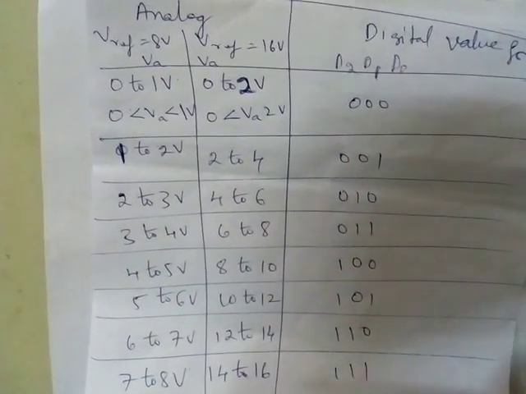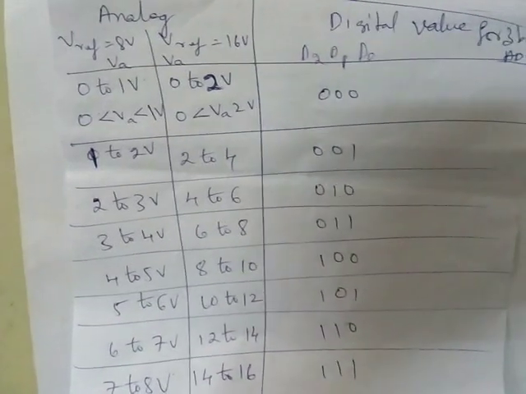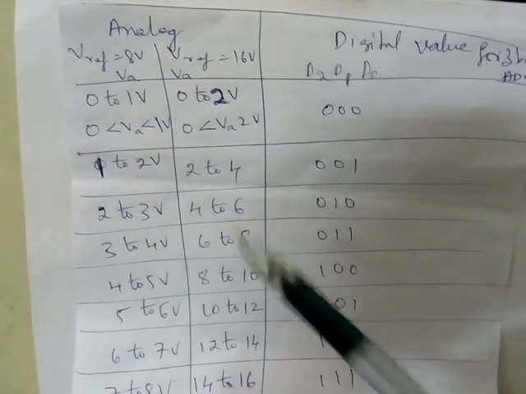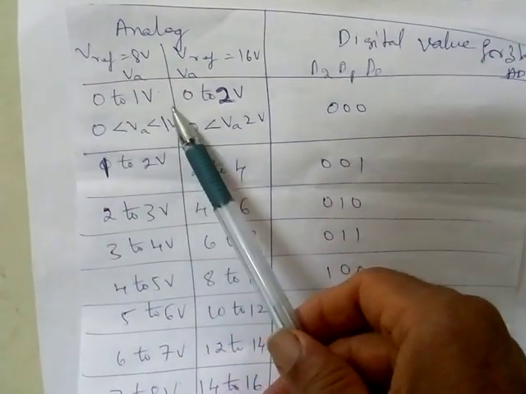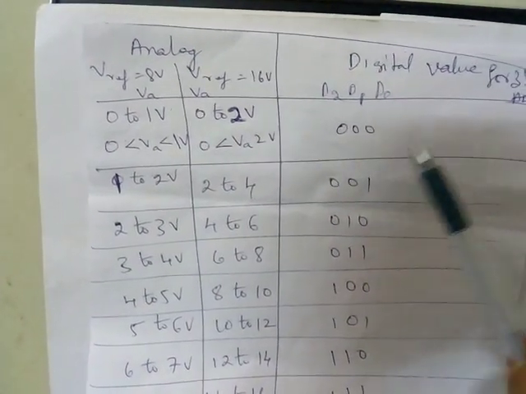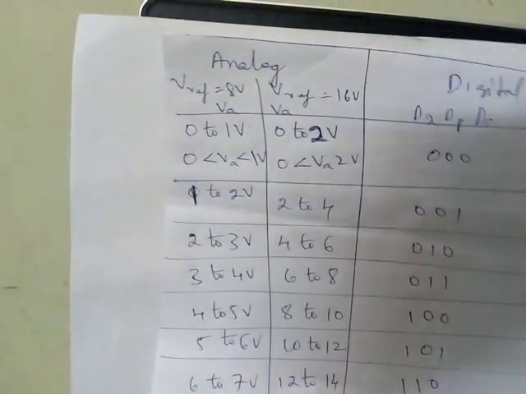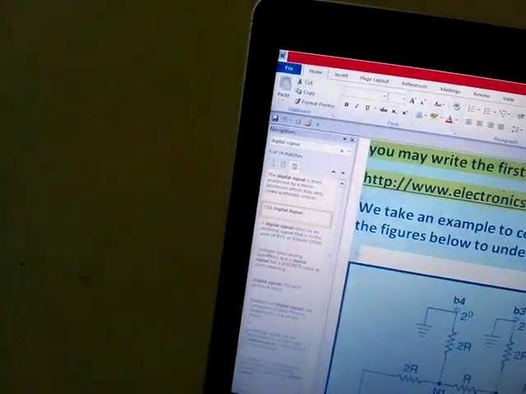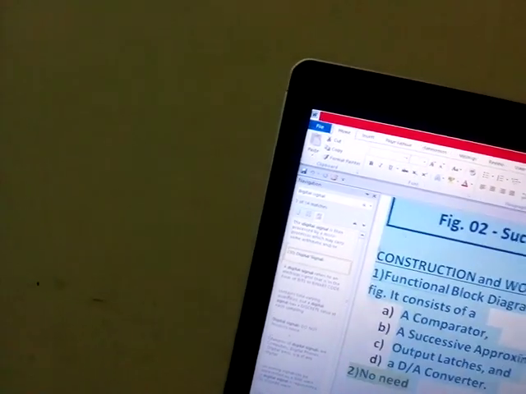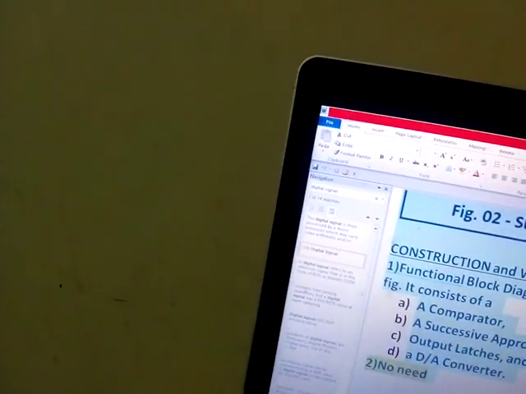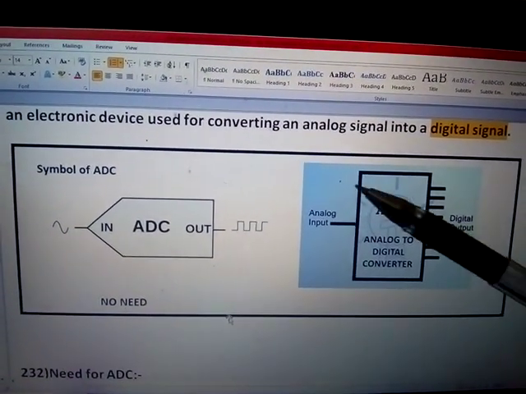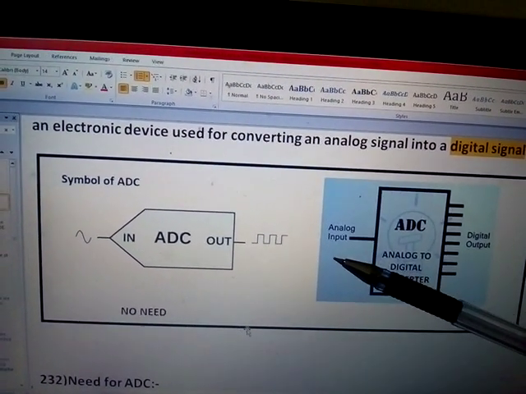This is called quantization. The ADC should be designed such that any analog voltage appearing within less than 1 volt, the output will be 000.